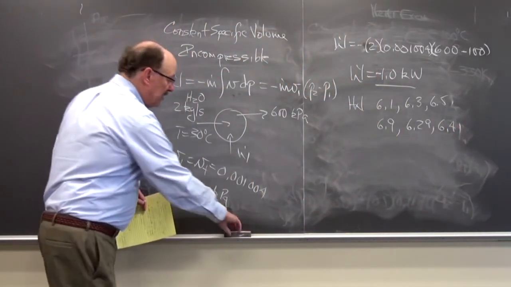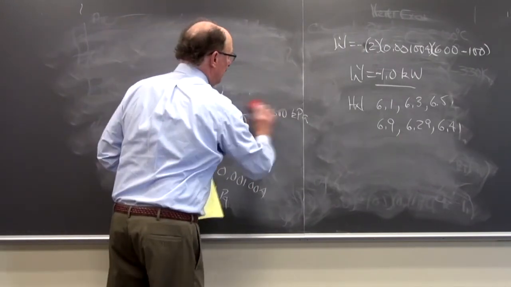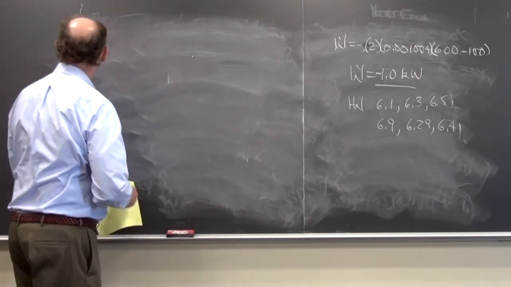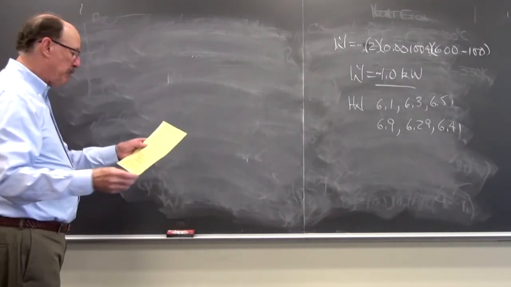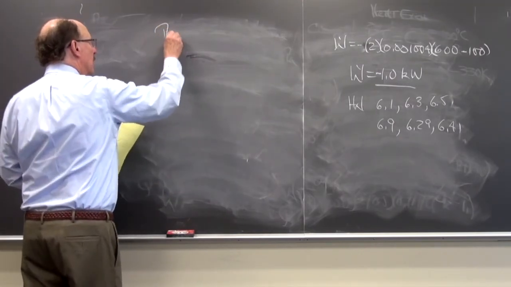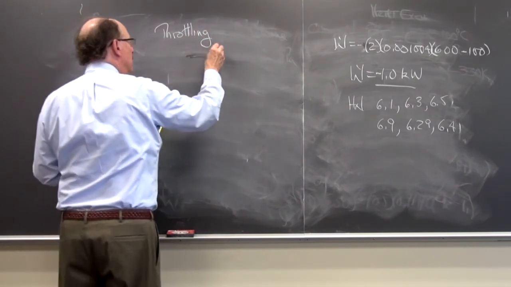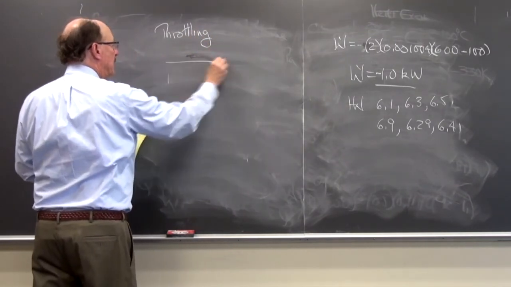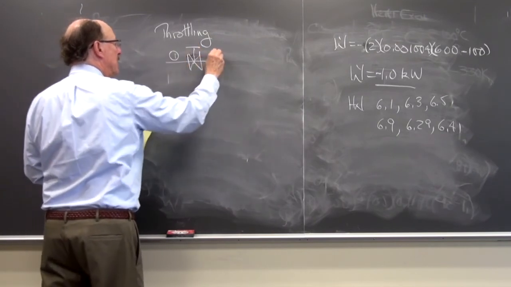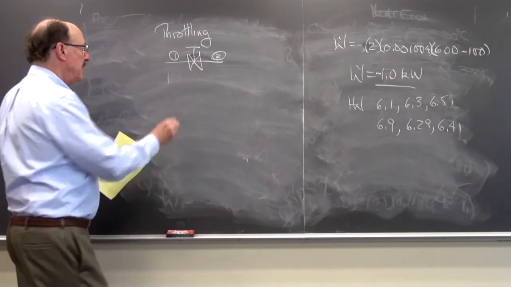I wanted to mention one other type of open system that we've looked at, and it's a throttling process, or flow through a valve. We have the flow rate, here's the valve, state 1 and state 2. In this case, it's adiabatic, and no work is done.